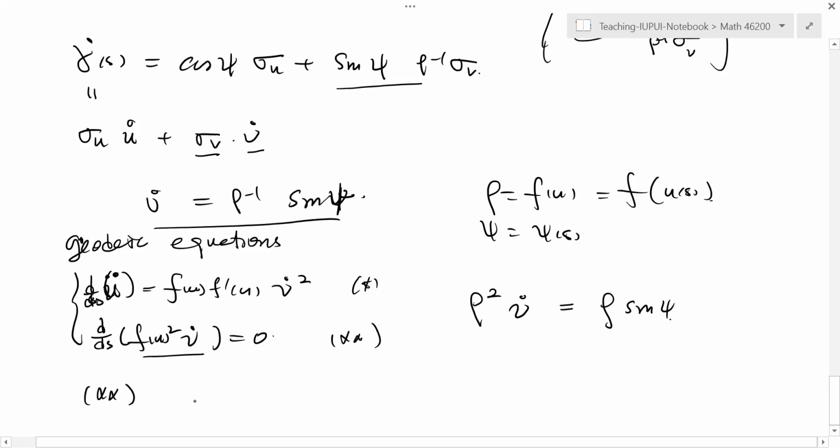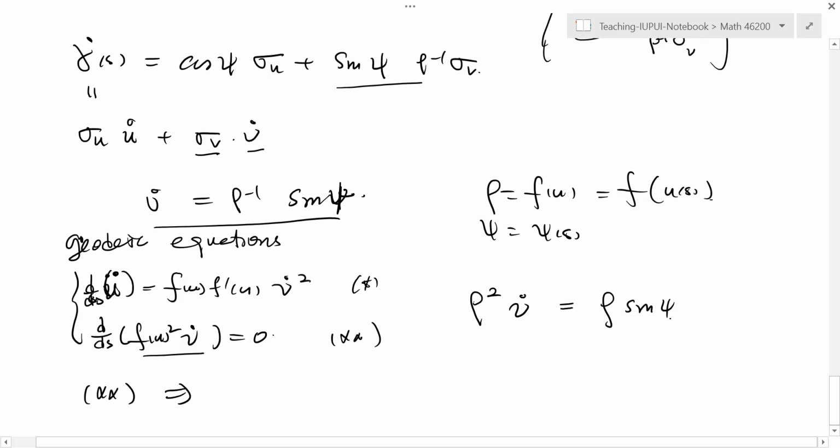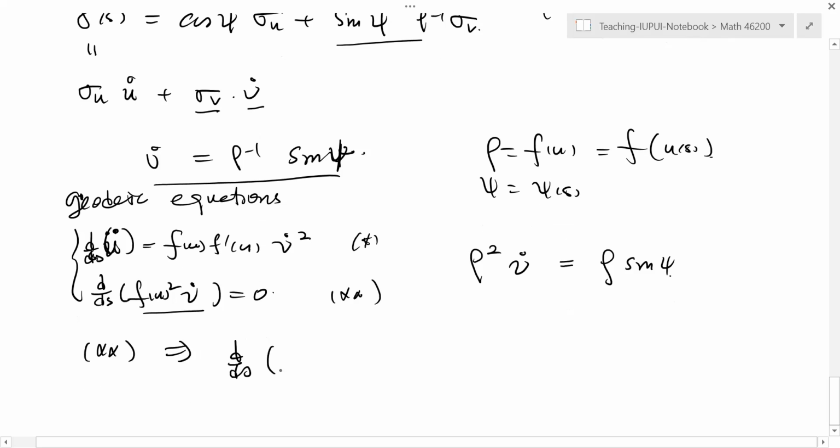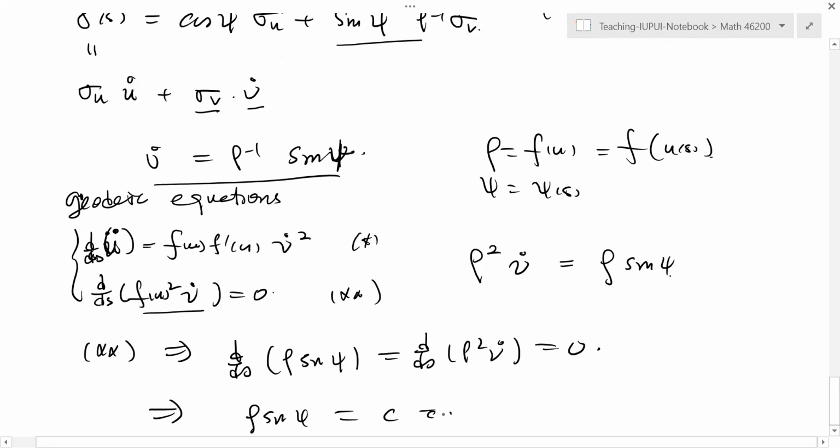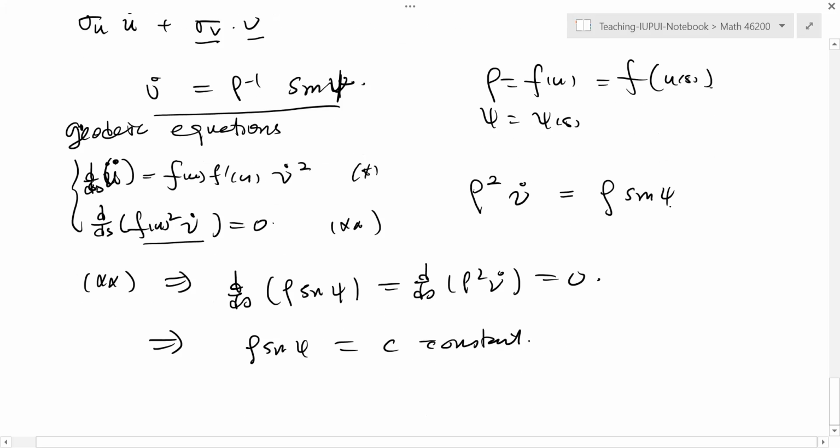So the double star equation implies that rho sine phi must be a constant. That's cool. So that's a necessary condition. The proof is pretty straightforward.